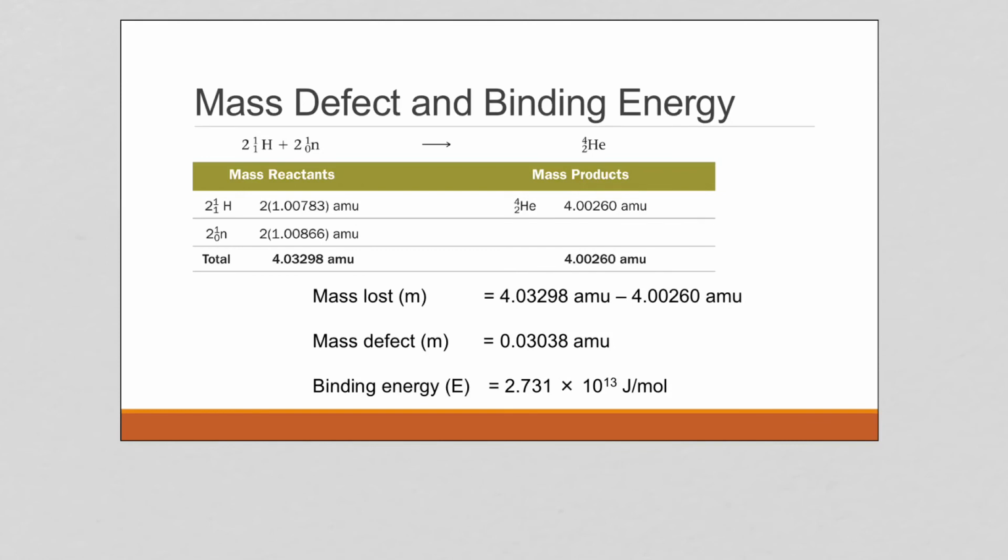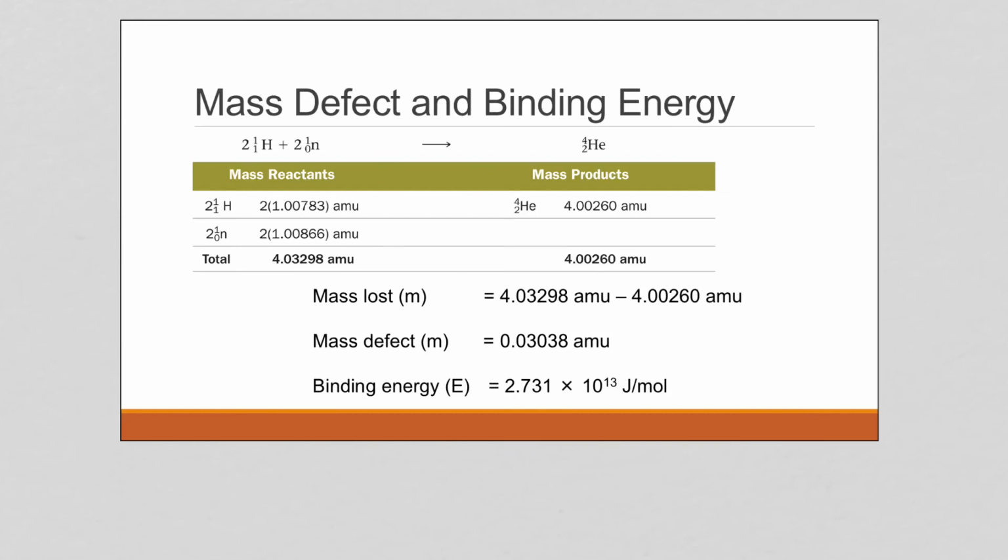So let's look at a specific reaction. I have the formation of helium from two hydrogen atoms combining with two neutrons to come up with a helium nucleus.